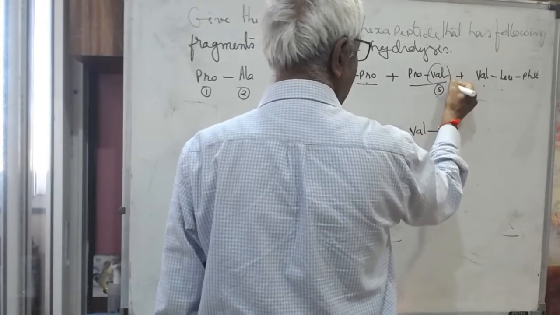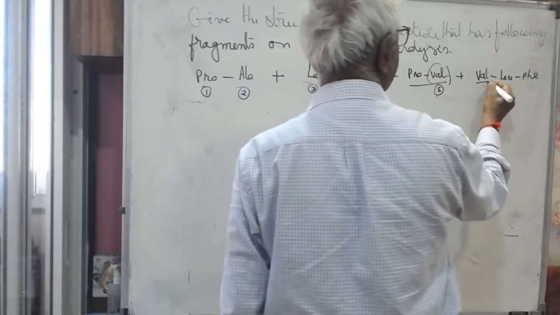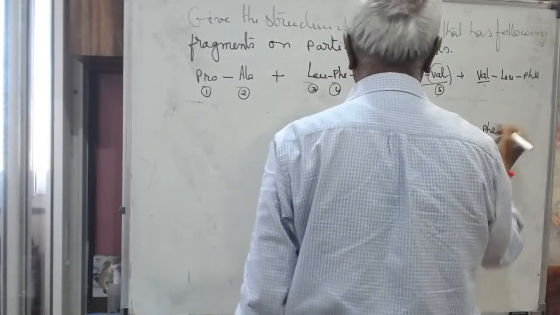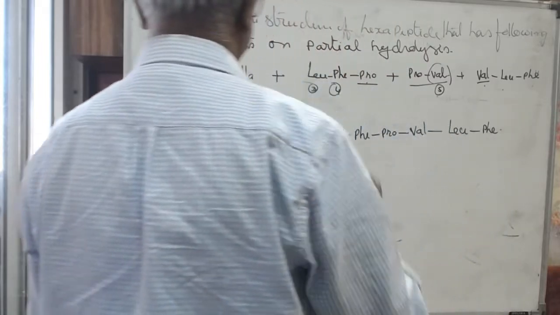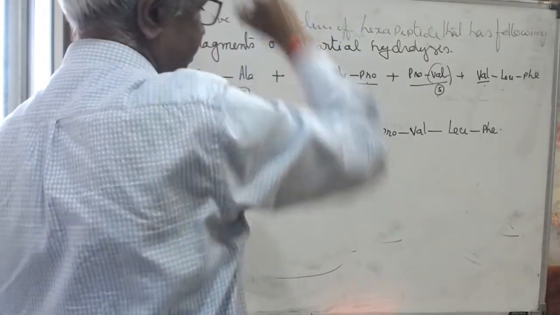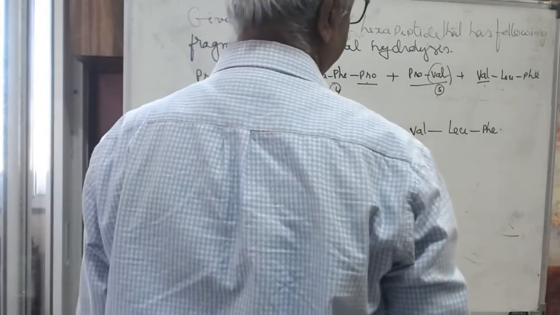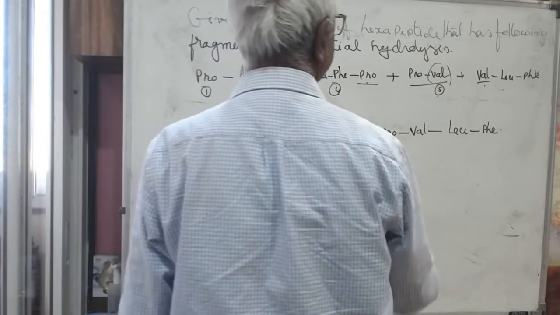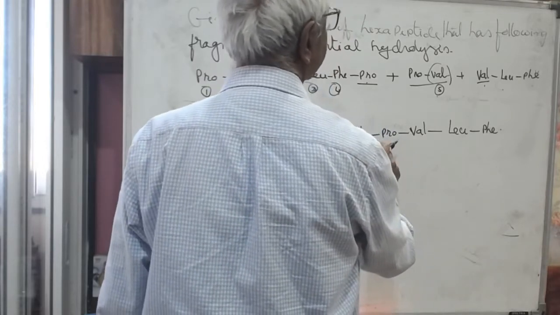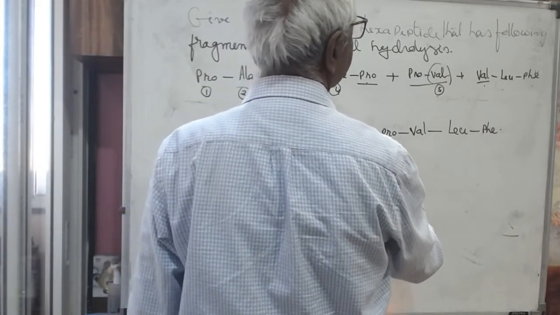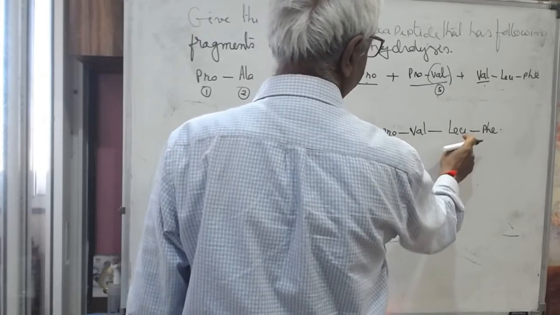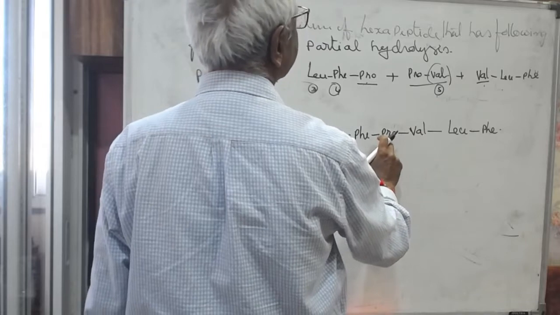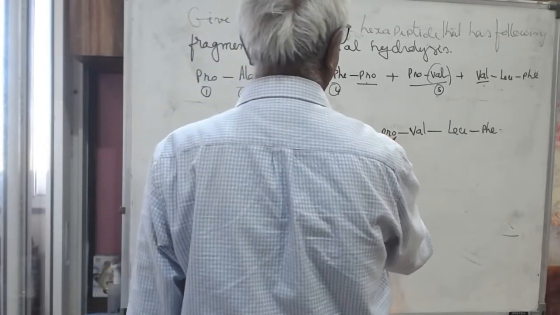So here VAL ended, then here VAL, LEU, PHE, and VAL, PHE, PRO.